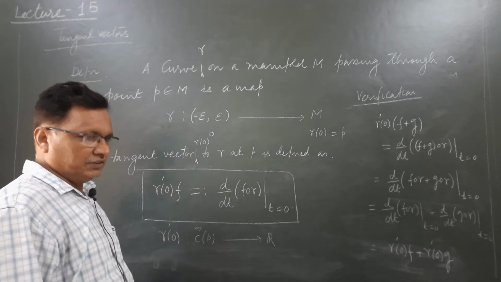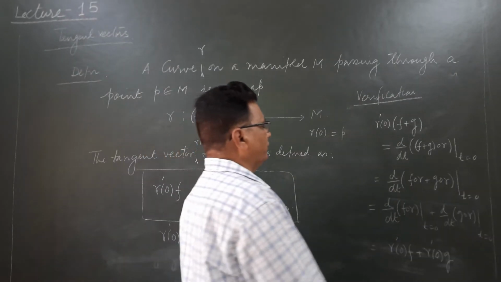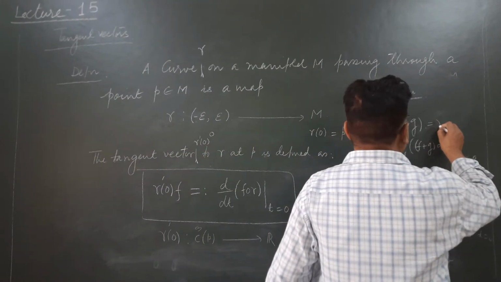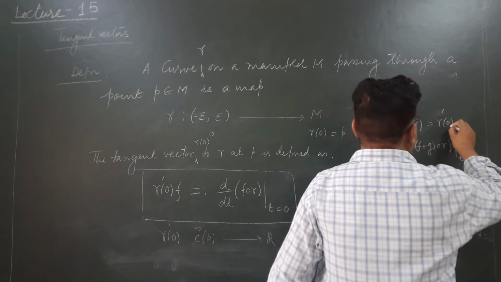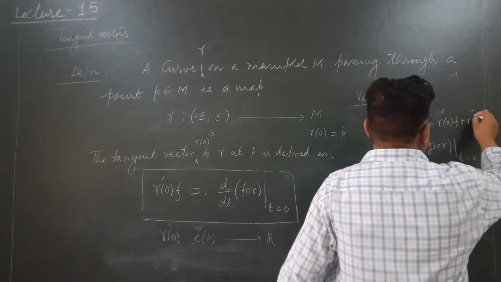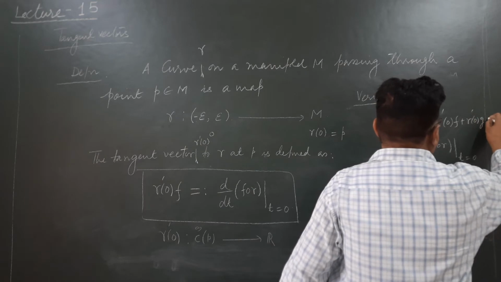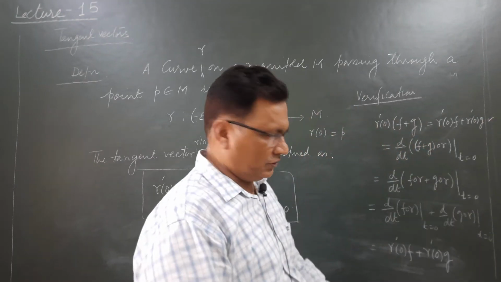Look at the box relation. So we have checked that gamma dash 0 of f plus g is gamma dash 0 f plus gamma dash 0 g. So the first property holds.